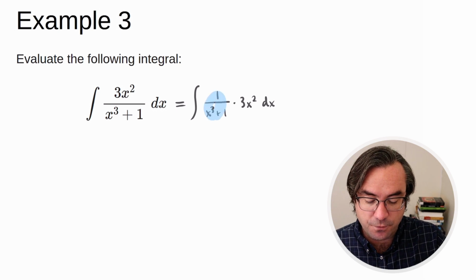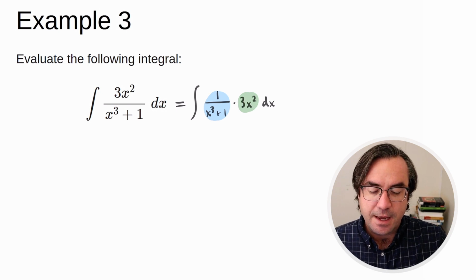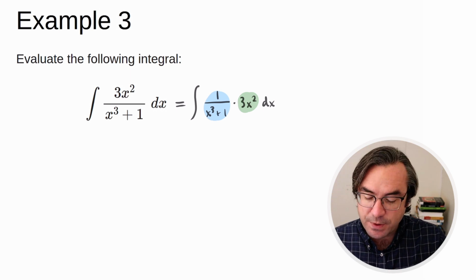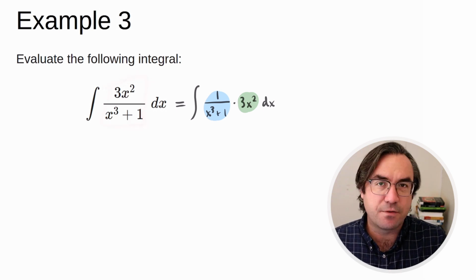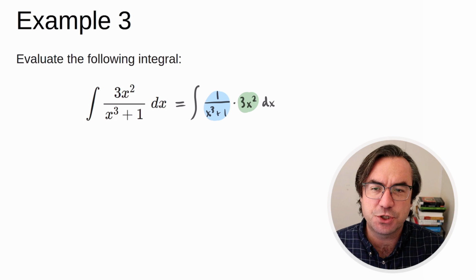All right, so looking at this function now, there's kind of two pieces. We have this 1 over x cubed plus 1 piece, and then we have the 3x squared piece. And the function we have here is not one of our basic antiderivatives, so we know we're going to try maybe substitution rule.